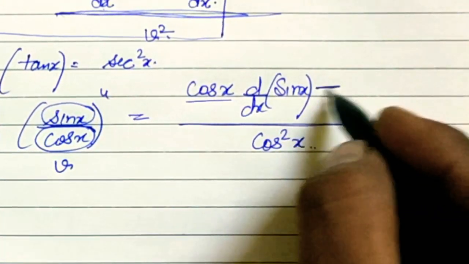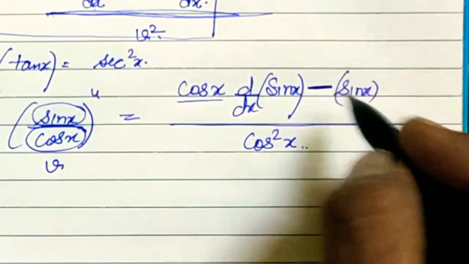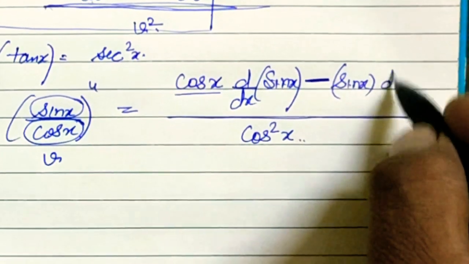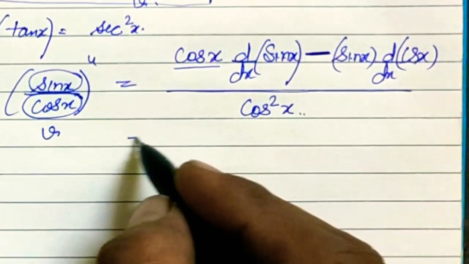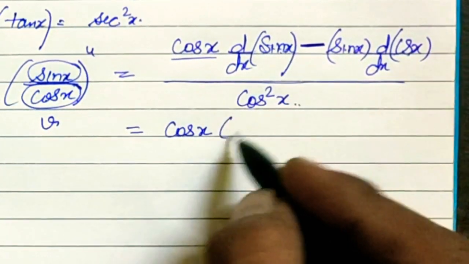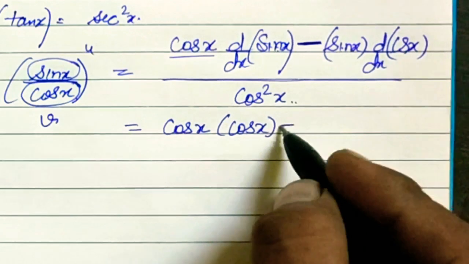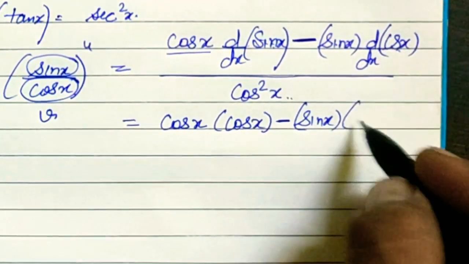The sign will be minus, and now I'll reverse. Sin x was inside, so now it will be outside, and cos x was outside, it will be inside now. Now cos x is outside, differentiation of sin x is cos x. Minus sign, sin x. Now differentiation of cos x is minus sin x.